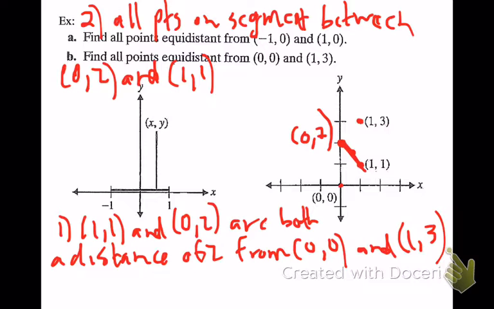He was correct, except it's all the points on y equals 2 with x less than 0.